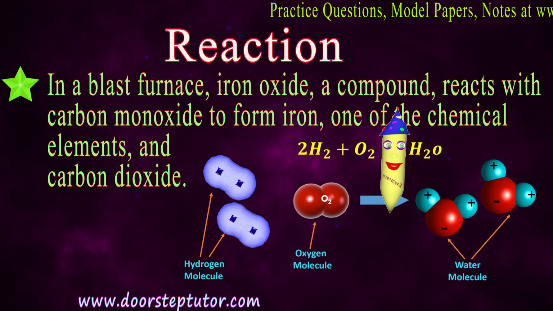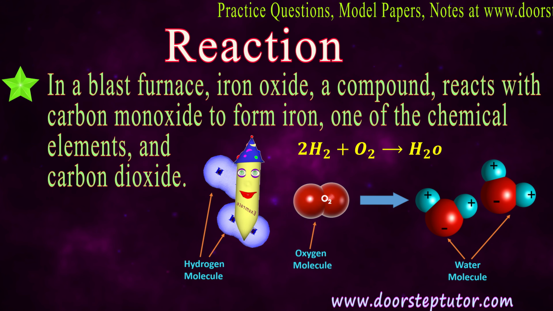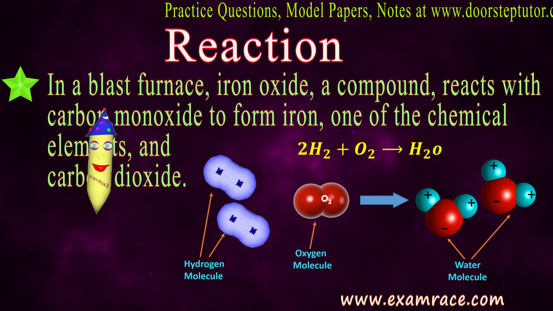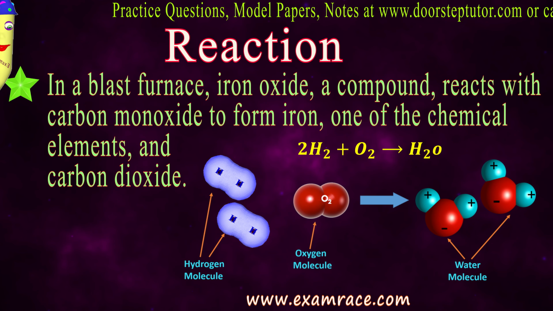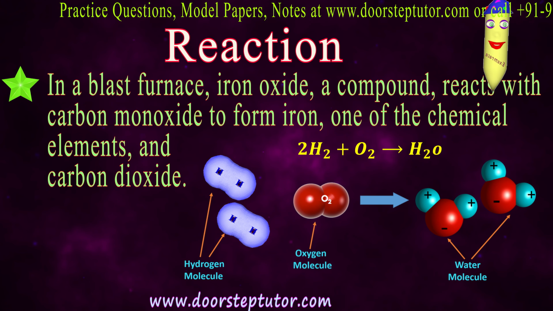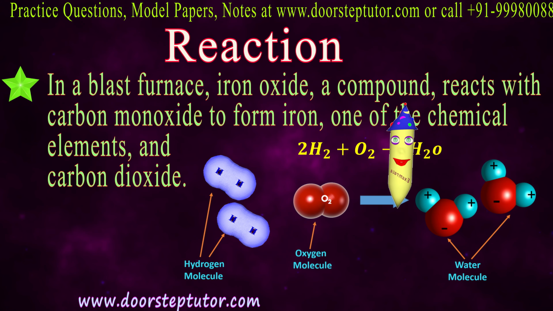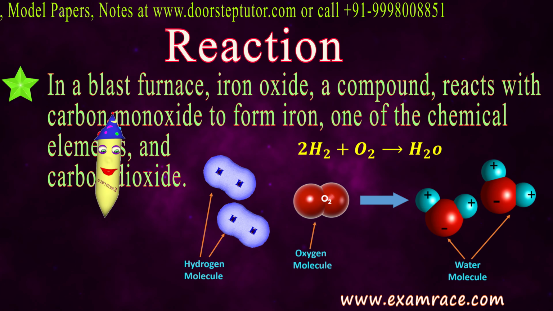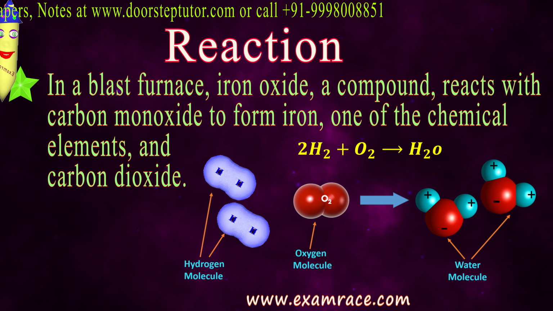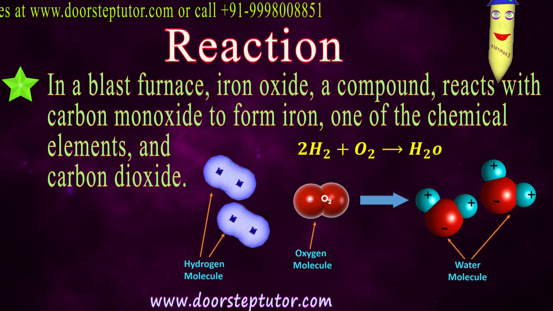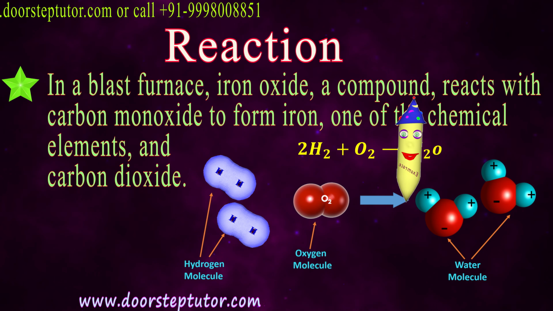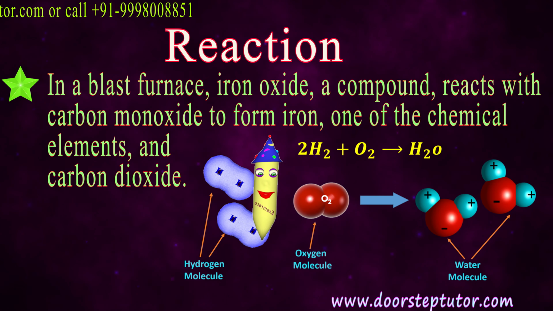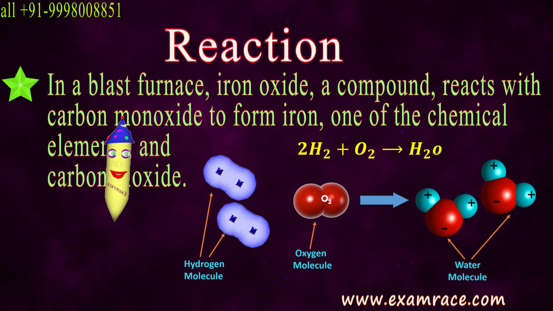So now you can see that the properties of iron oxide and carbon monoxide are very different from the product which we have got, that is iron and carbon dioxide. So this is what happens in a chemical reaction. The products have very different kinds of properties. Now here is a picture showing a very simple chemical reaction.